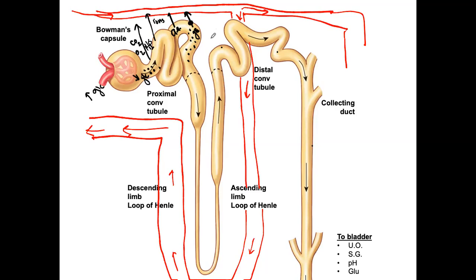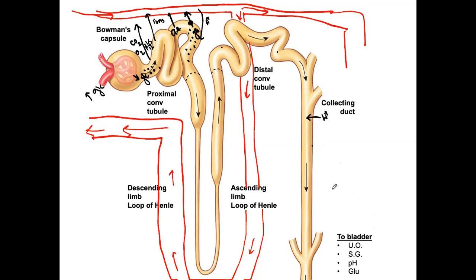So that's one thing. Another thing that I want to mention is that protons get kicked out at the proximal convoluted tubule. So protons or acid gets kicked out in the proximal convoluted tubule. And so if acid gets kicked out in the proximal convoluted tubule and at the collecting duct, right, what can you expect go down to the bladder?